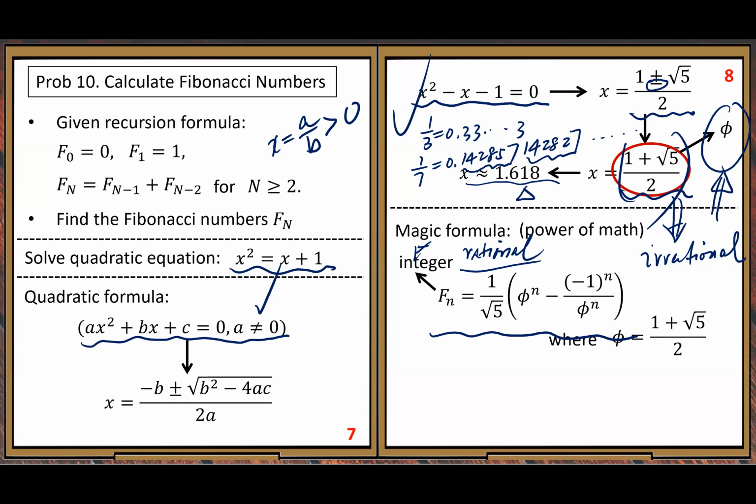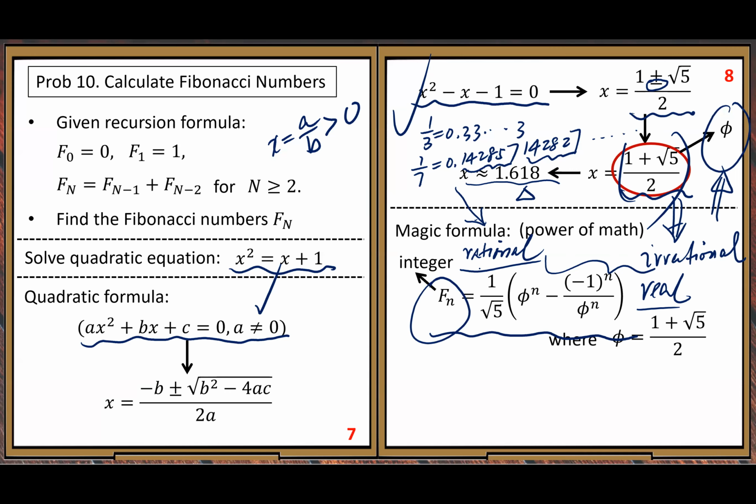That's the main difference. Both rational numbers and irrational numbers together form the real numbers. And here our golden ratio is an irrational number. But we know a Fibonacci number is an integer.